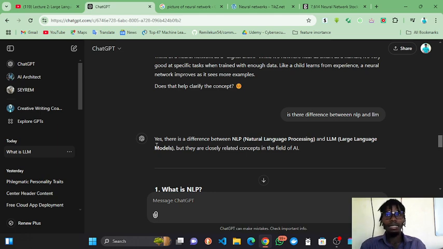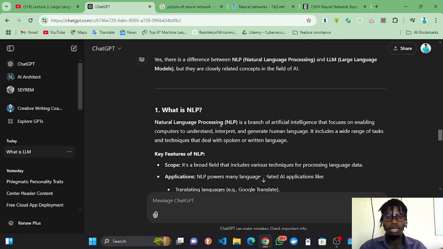You get translation. While LLM is a large language model. So it said yes, there's a difference between NLP, natural language processing, and LLM, large language models, but they are closely related concepts in the field of what? AI.